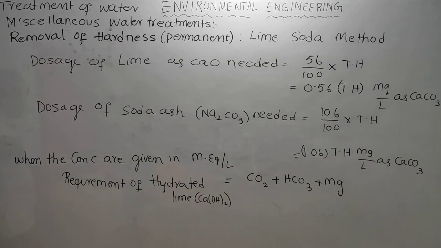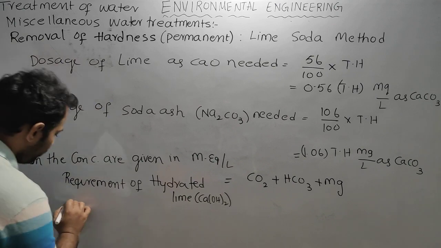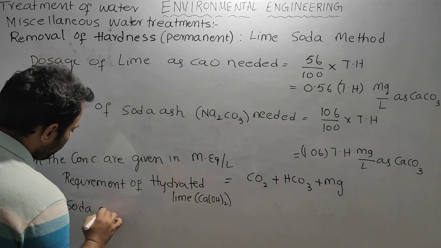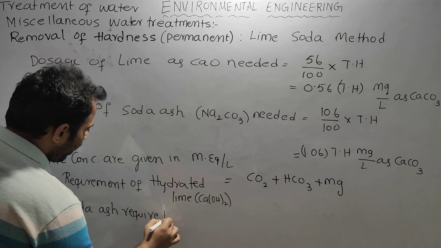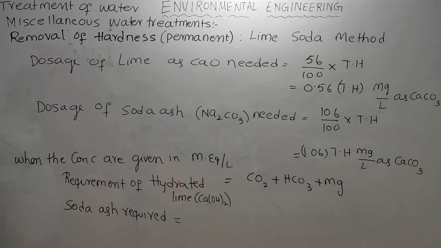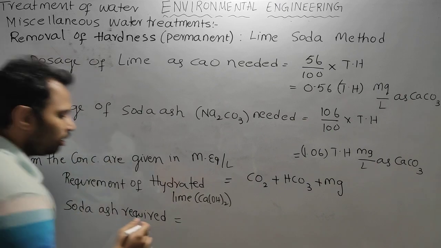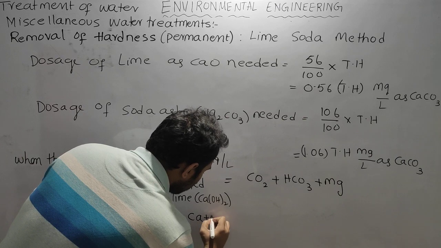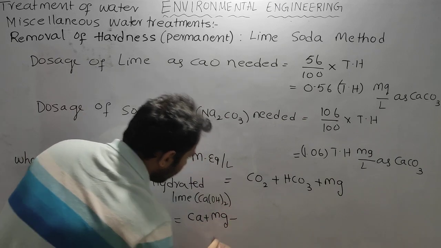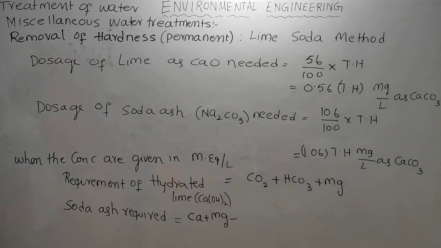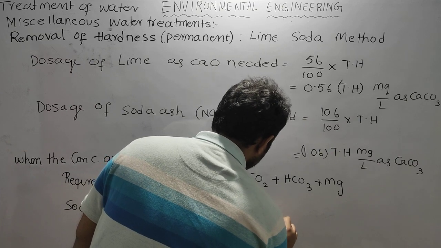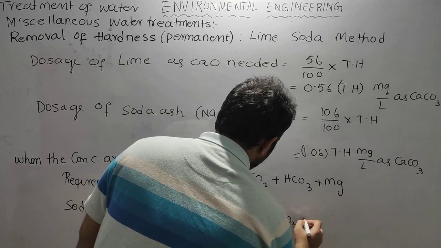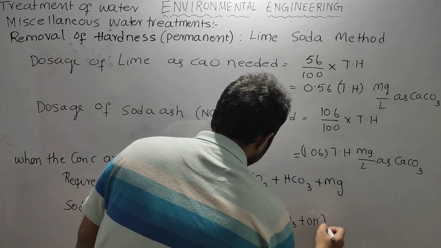And the soda ash required is equal to the total concentration of calcium plus magnesium minus the CO3, HCO3 plus OH concentrations.